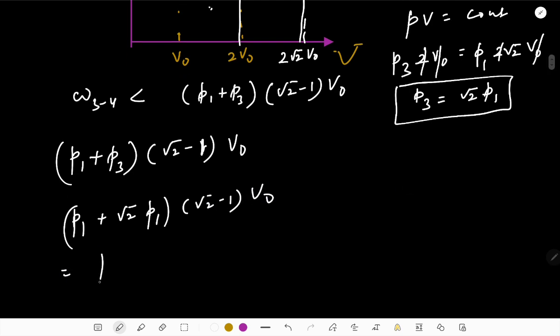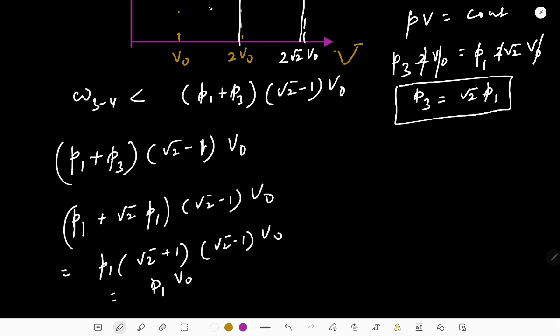So I can take the common factor and it will become P1 multiplied by (root 2 plus 1)(root 2 minus 1) V0, and this is simply P1 multiplied by (2 minus 1) V0.